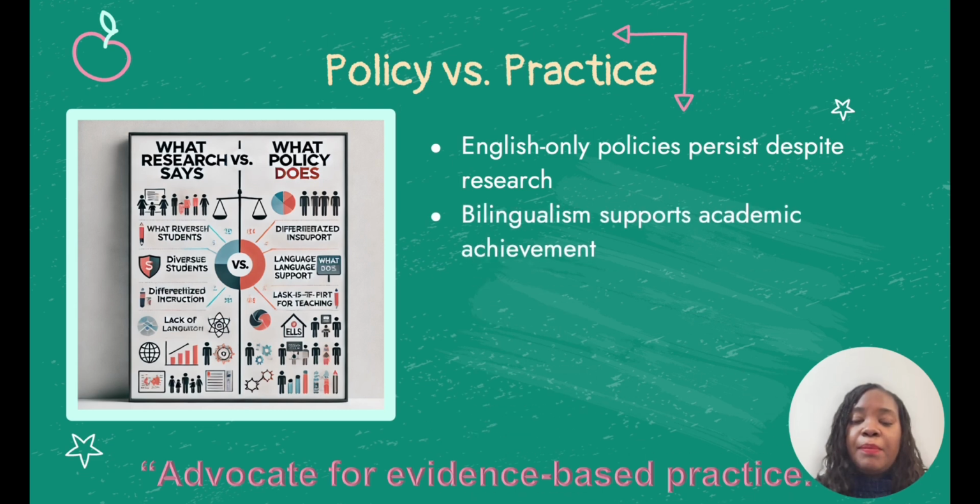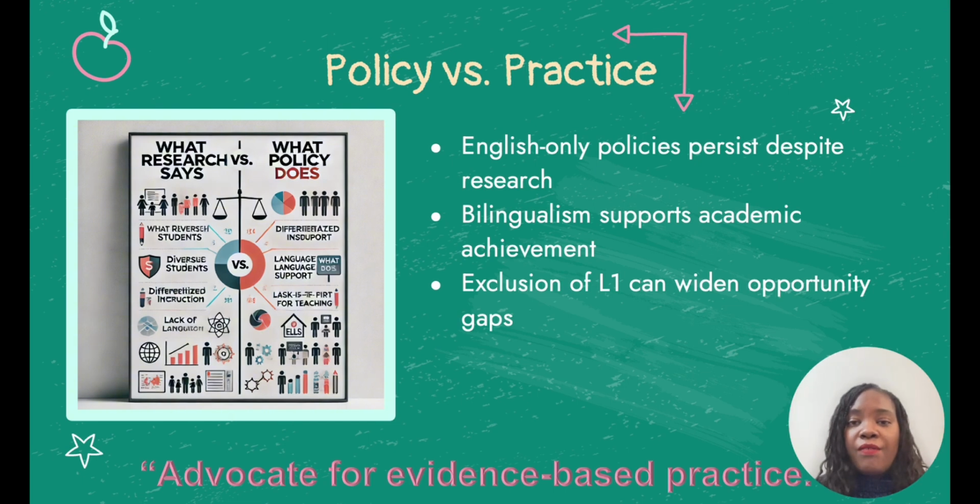These inconsistencies between research and policy don't just limit instructional effectiveness, they contribute to real disparities. When a student's linguistic identity is ignored or suppressed, they're more likely to feel alienated, less motivated, and at risk of falling behind. In contrast, students who are encouraged to leverage their full linguistic repertoire tend to perform better and feel more confident and included.